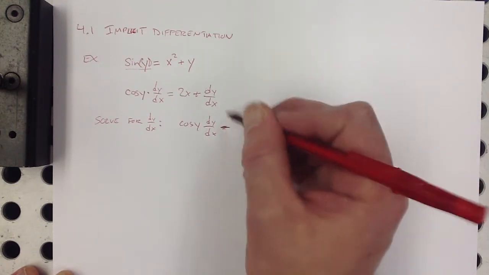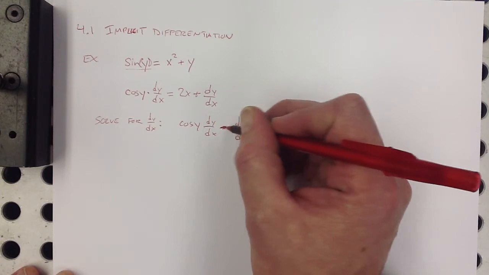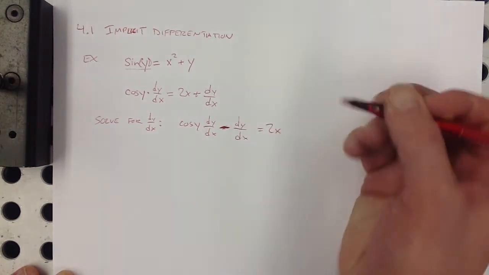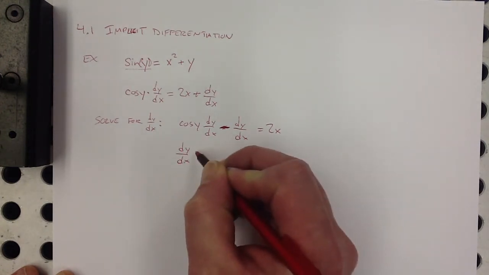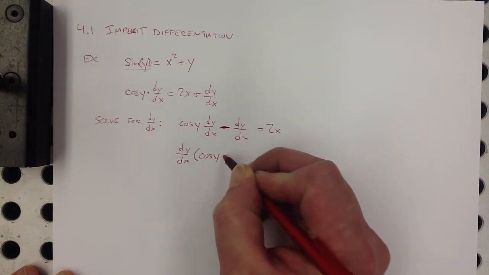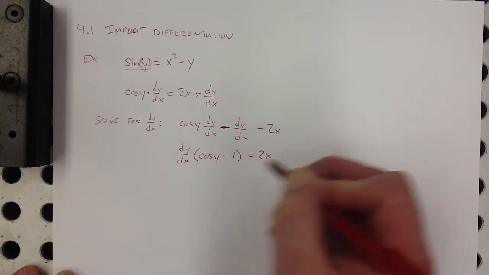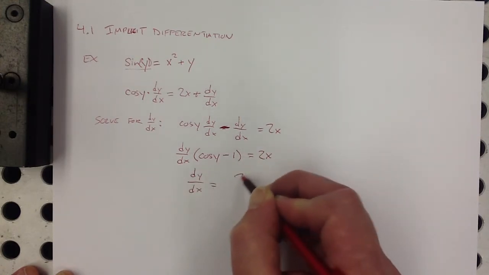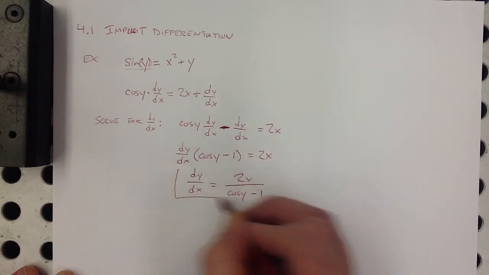So I move this one over to there, minus dy dx, equals 2x, and then I factor out dy dx. It's similar algebra to what we often do when we're finding the inverse of a function. Might feel kind of familiar that way. Right, so there we go.